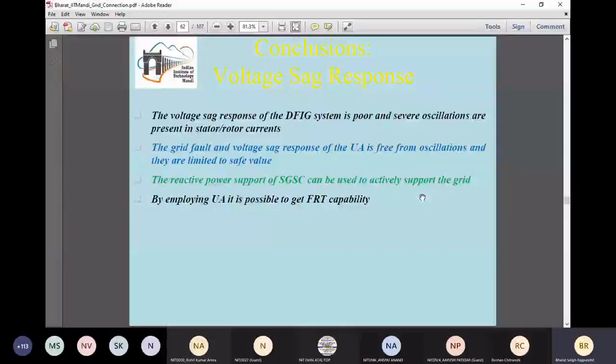Overall, we can conclude that the doubly-fed induction generator is a very good and very economic system, and it is able to address the grid connection requirements by its different control philosophies.